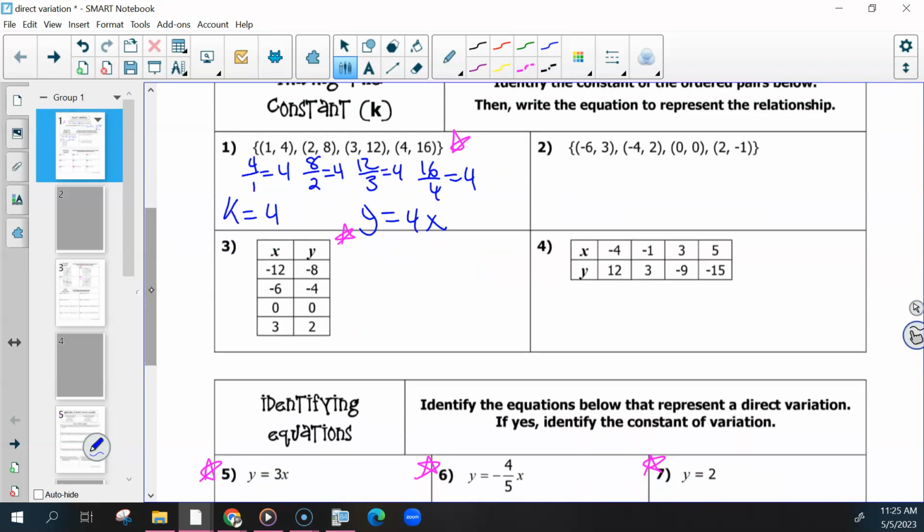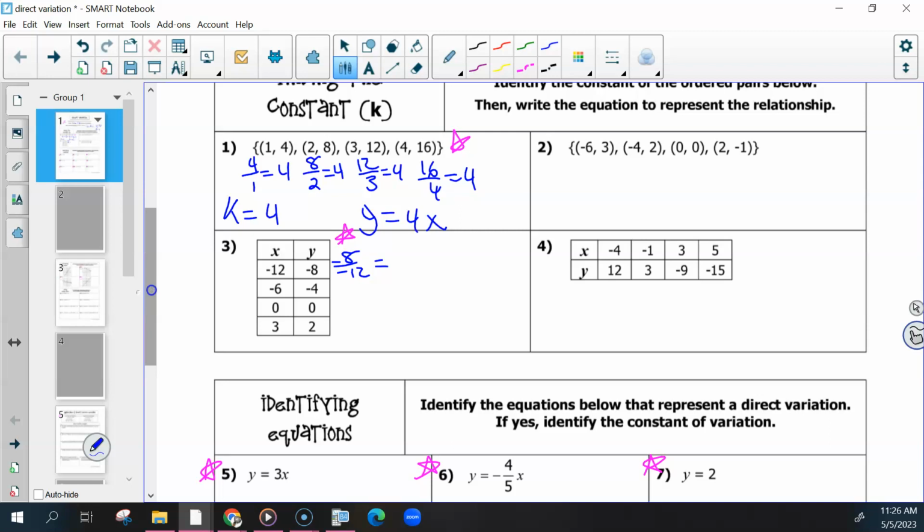Then there's one case where it's a little different. So let's say we did 3 and did the same thing, divided y over x. What would negative 8 over negative 12 be? Say that one more time.